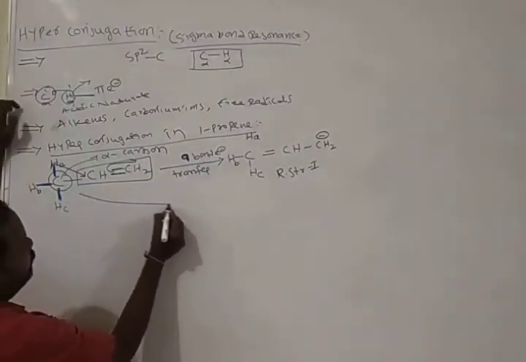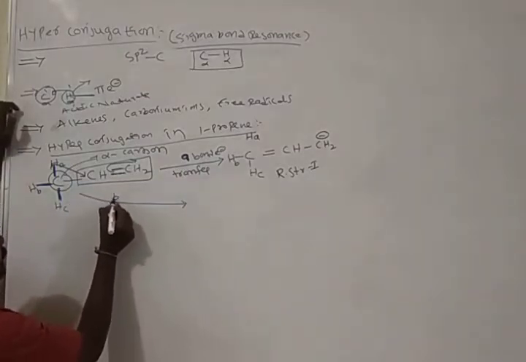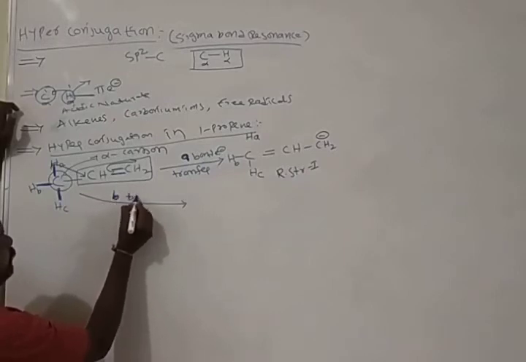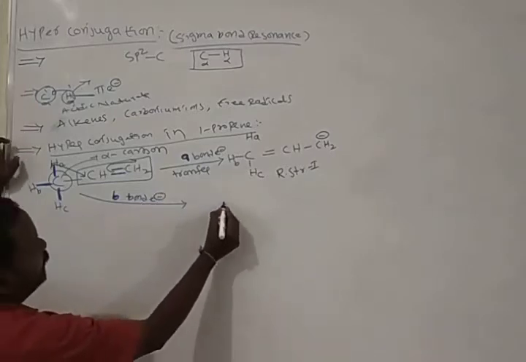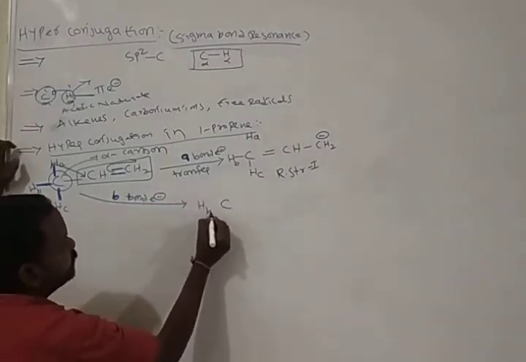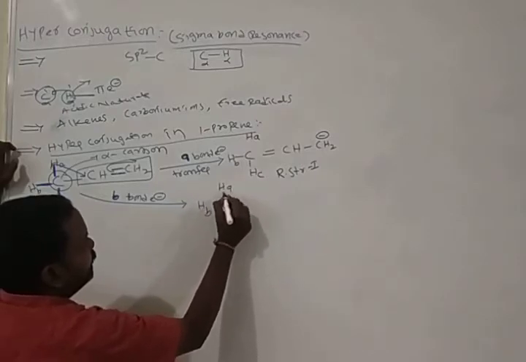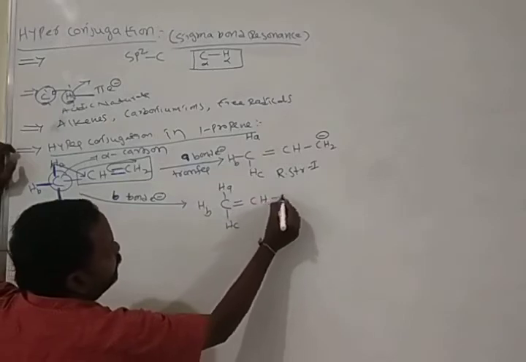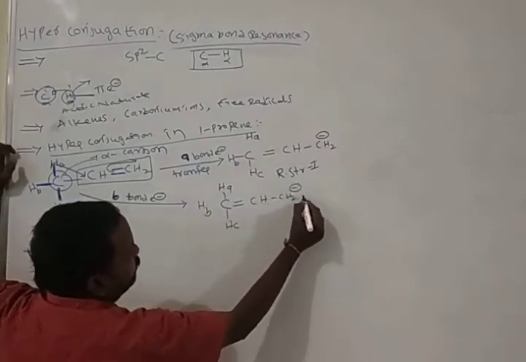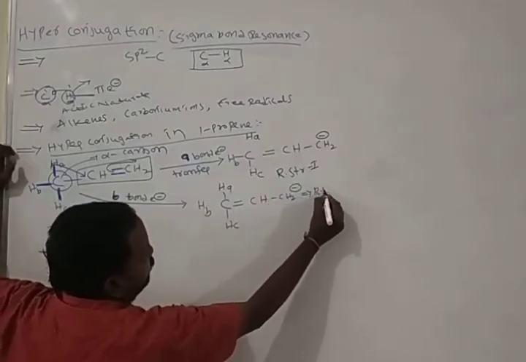By the transfer of B bond electrons, what do we get? H A, H C, double bond, CH, CH2 minus. This is a resonance structure.